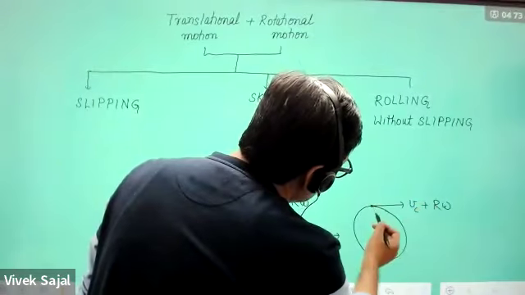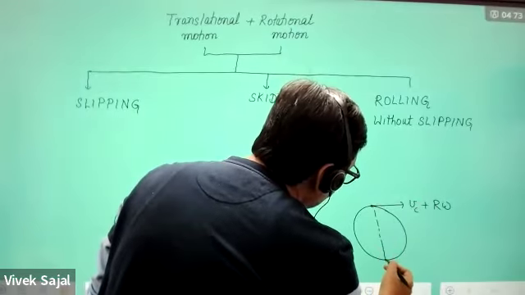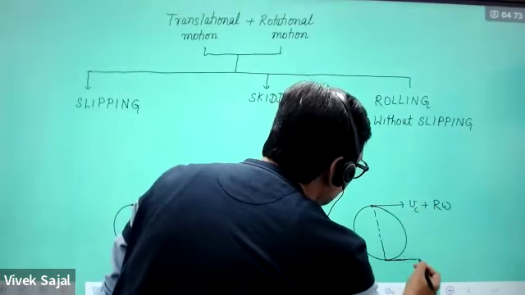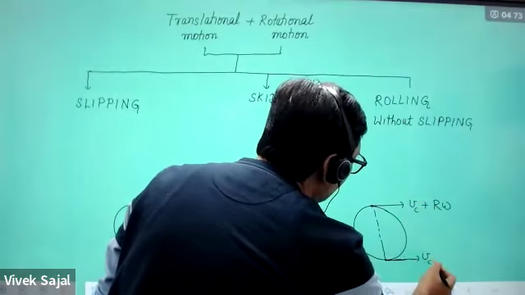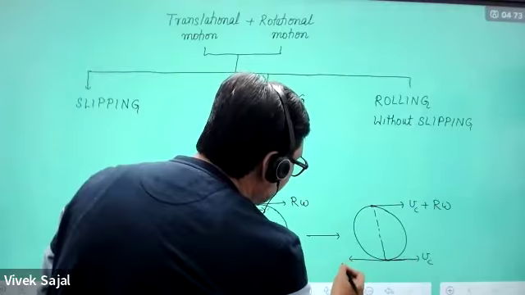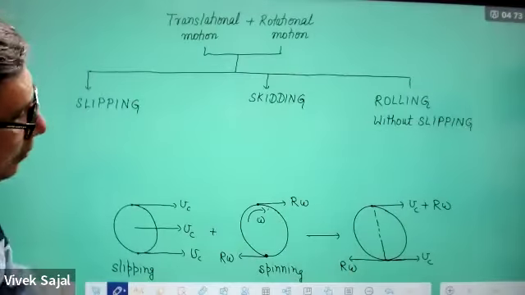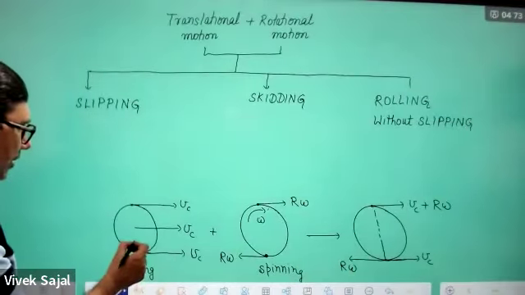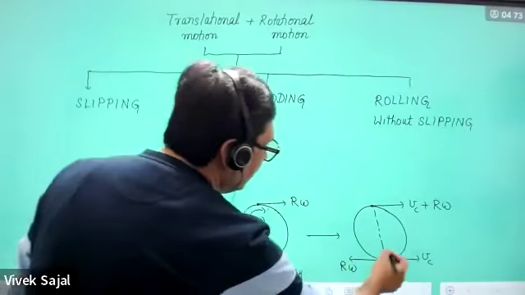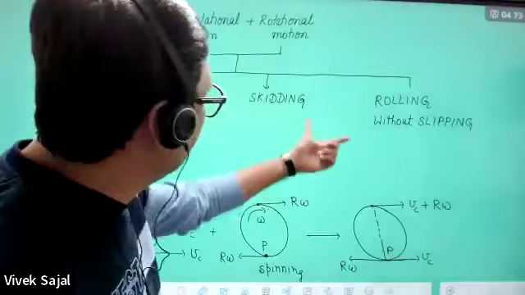And if you look at the lowest point here, the lowest point will have a velocity component in the forward direction, that is VC, and in the backward direction, that is R omega. So this is the situation of the lowest point. I call this lowest point the P point.